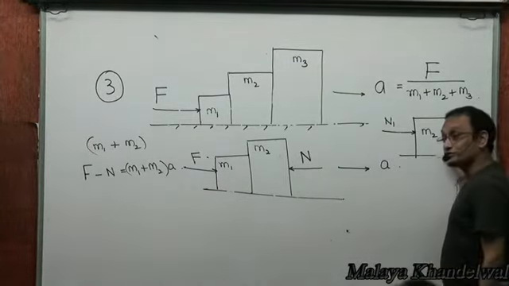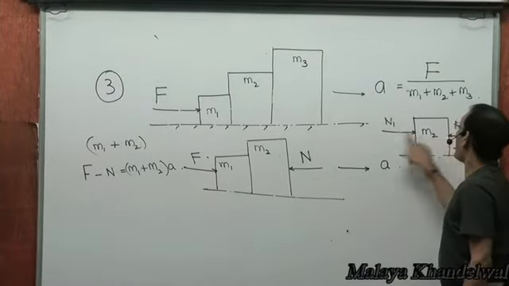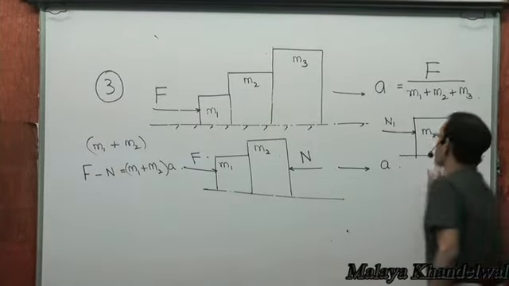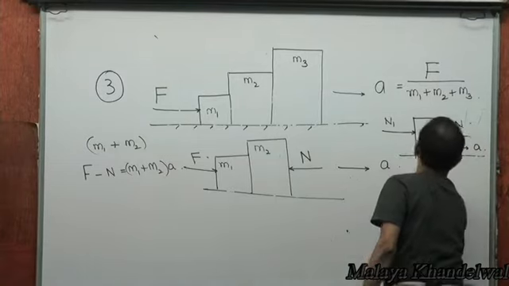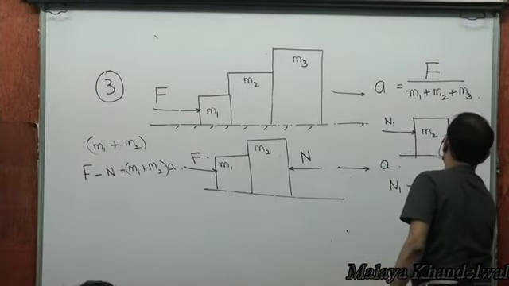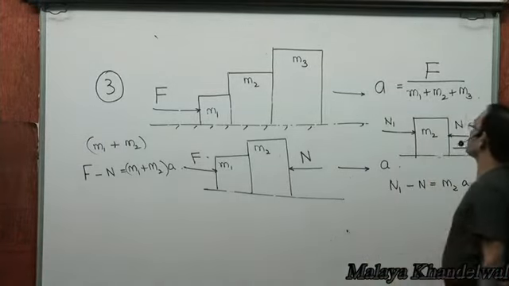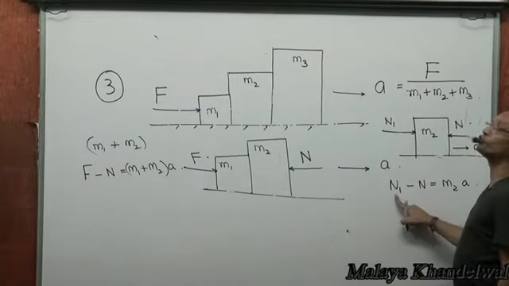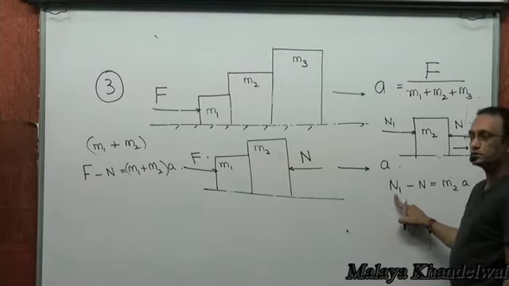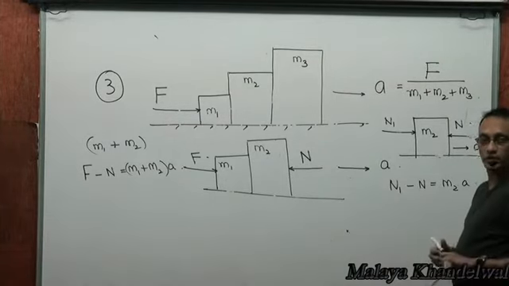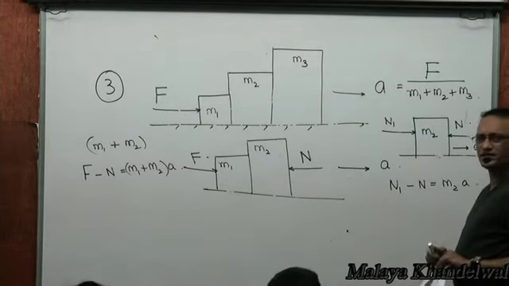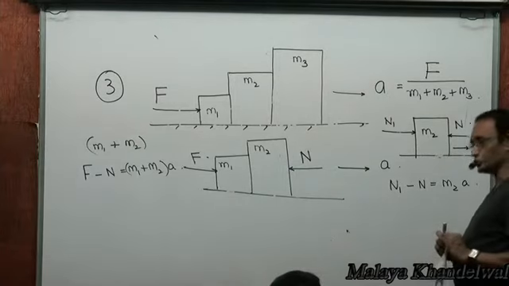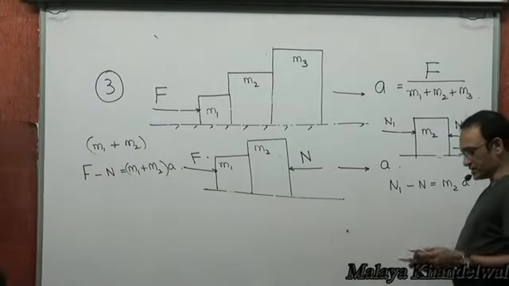N we have computed. I can now compute N1. So can I not say N1 minus N is M2 into A? N has been computed earlier and N1 could now be computed from these considerations. Right? So just feel comfortable with these very basic free body diagrams and play around, tinker with them at ease.